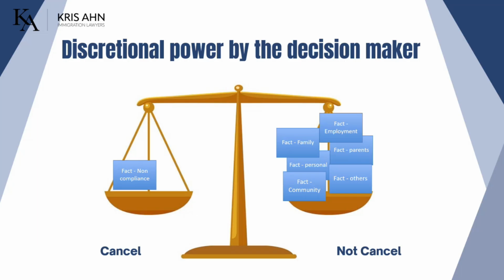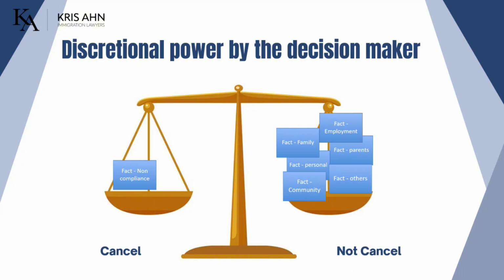Yeah. So except for 501(3A), the mandatory cancellations, the majority of cancellation powers are discretionary. And again, the majority of the elements involve an exercise of statutory discretion. So the decision maker may cancel the visa, right?